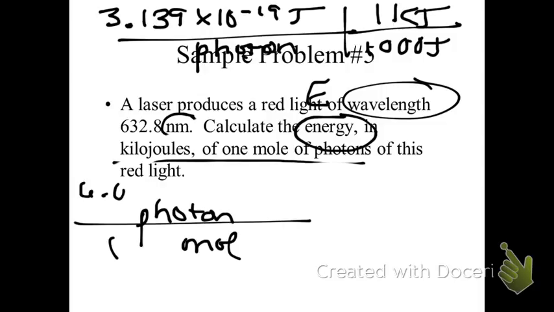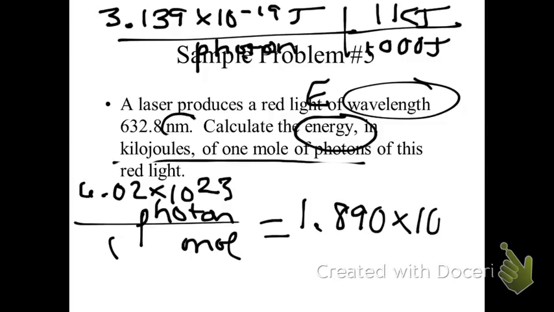There are 6.02 times 10 to the 23rd photons in a mole. I'm going to take 3.139 e to the negative 19, divide by 1,000, times by 6.02 times 10 to the 23rd, and I get 1.890 times 10 to the second kilojoules per mole. All set.